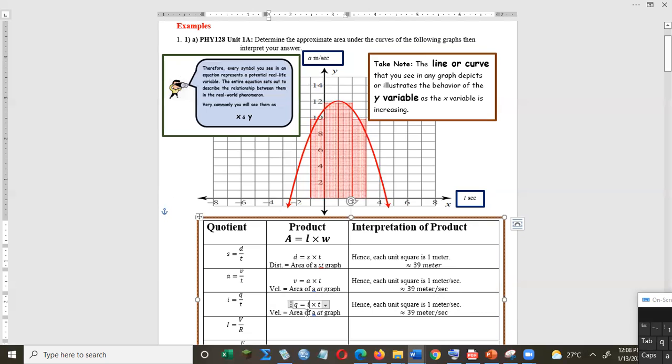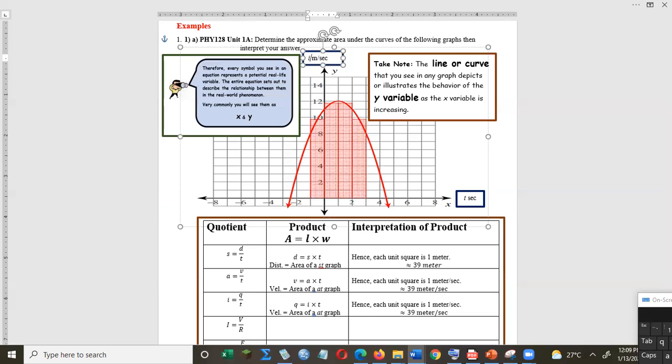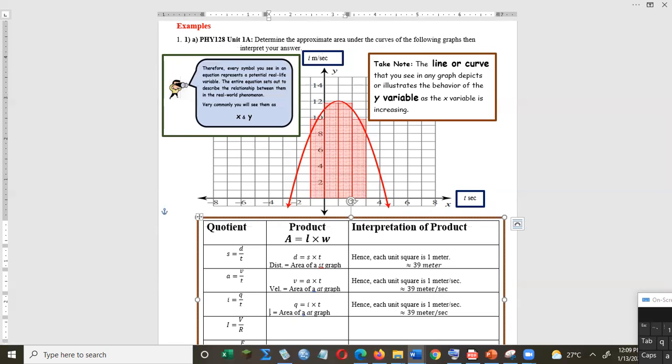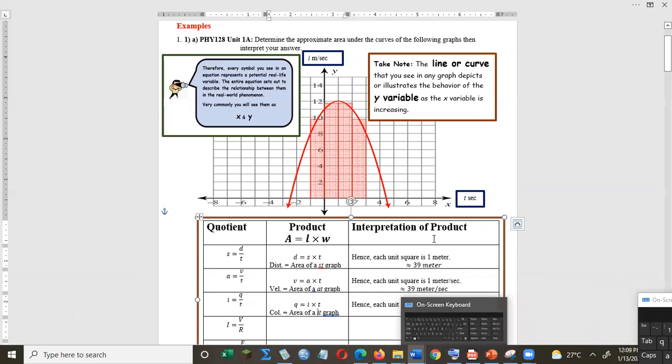So if your y-axis was current and your x-axis was time, the area on the current-time graph would give you charge. So charge in coulombs is equal to the area of an I-T graph. And here that would be approximately 39 coulombs.